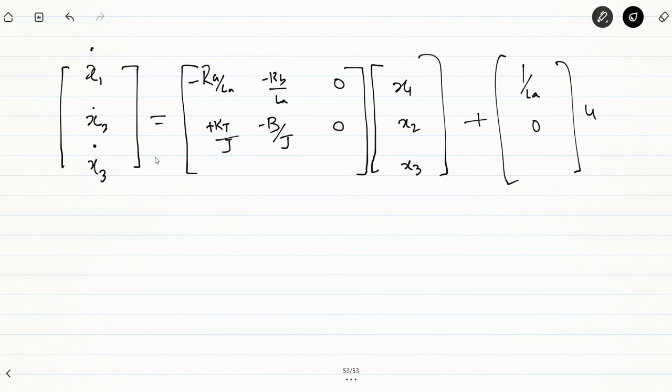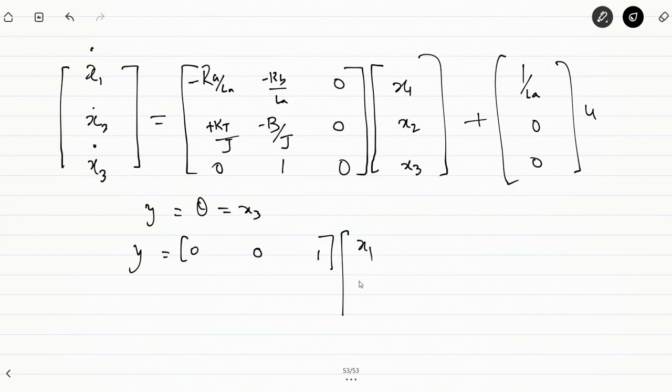And x3 dot, we have just seen, is nothing but equal to x2: 0 times x1 and 1 times x2 plus 0 times x3 plus 0 times u. And the output in this case will be defined as position, that's x3. So we can write y is equal to 0 0 1 times x1, x2, x3 plus 0 times u.